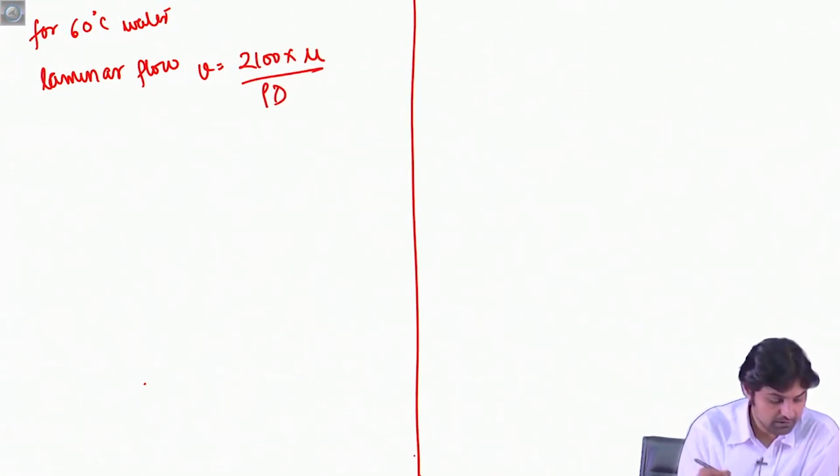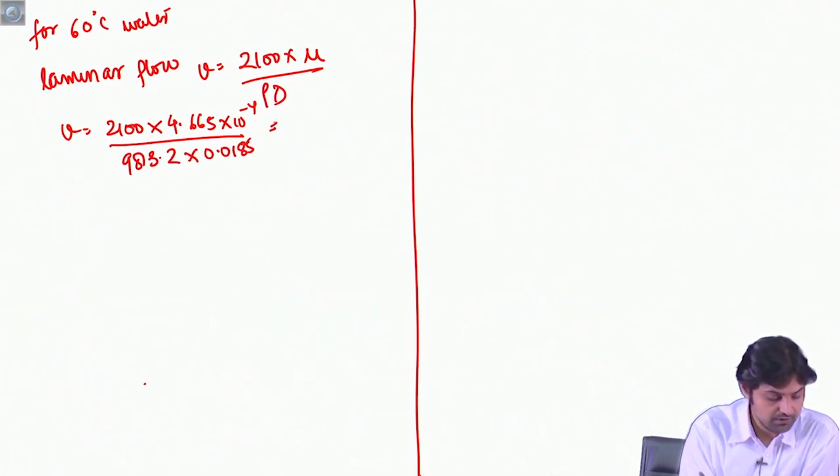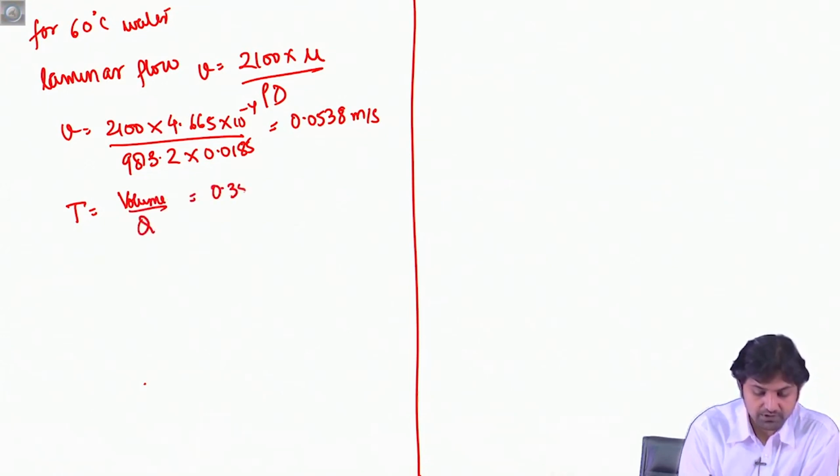Mu in case of 60 degrees is 4.665 into 10 to the power minus 4, and the density is 983.2, and the diameter remains the same. So this will give us 0.0538 meters per second.